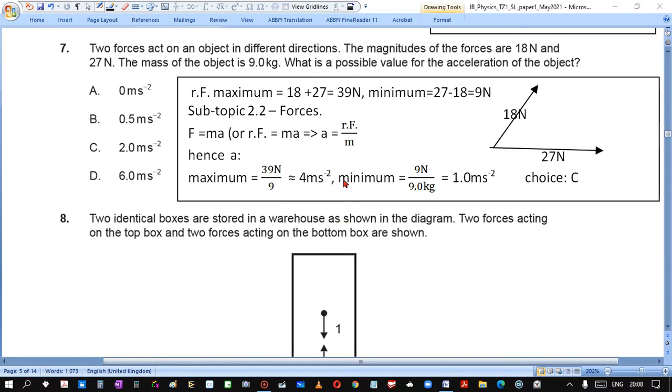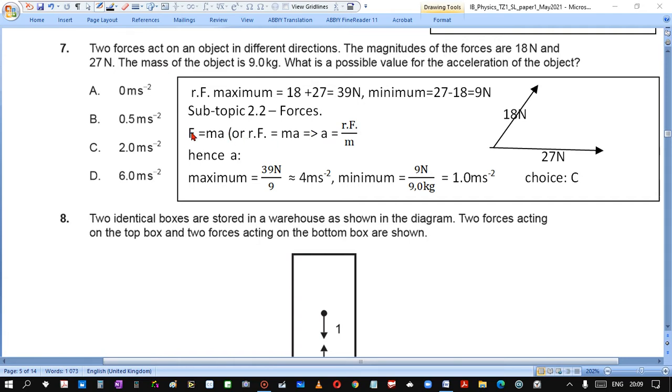Question 7. Two forces act on an object in different directions. The magnitudes of the forces are 18 and 27 newtons. The weight of the object is 9 newtons. What is a possible value for the acceleration of the object? The resultant force is maximum, the sum, when they are in one direction, and minimum when they are in opposite directions. From the subtopic 2 booklet, we have Newton's formula for acceleration.